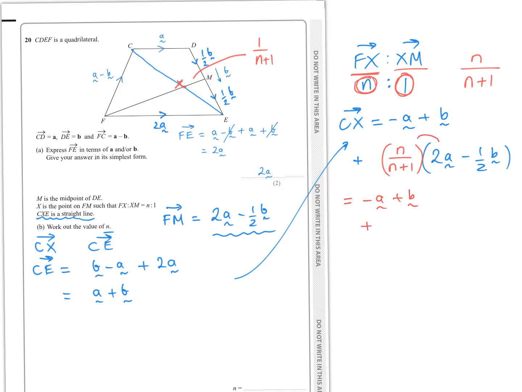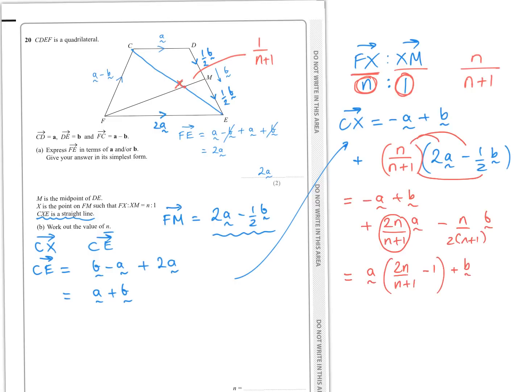plus, I'm just going to multiply this out, that's 2n over n plus 1 a minus n over 2n plus 1 b. I'm going to put all the a terms together. So starting with this one, minus 1, because it's like the coefficients of the vector a, plus b, and I'll just have 1 minus n over.